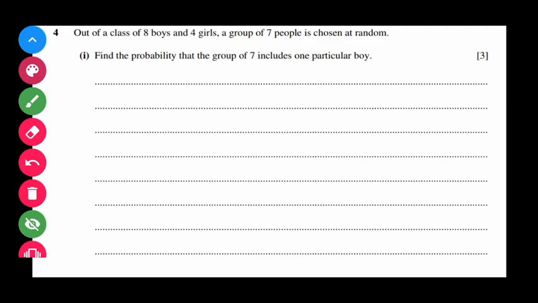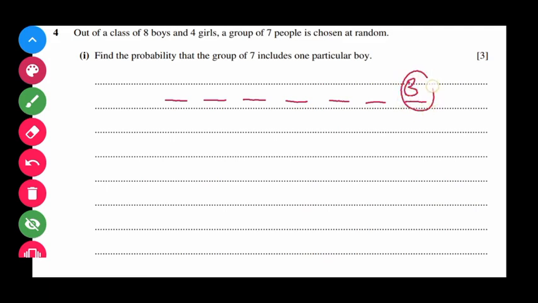So see this question. Now, first itself, let us find how do we choose the 7 including one particular boy. So we need to choose 7 people. 1, 2, 3, 4, 5, 6, 7. So from these 7 members, one should be a particular boy.